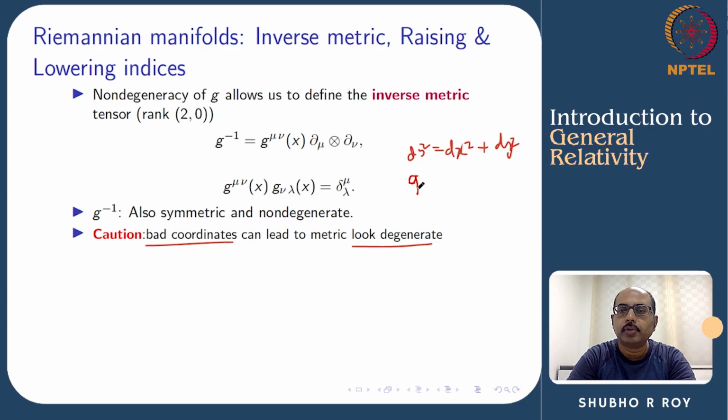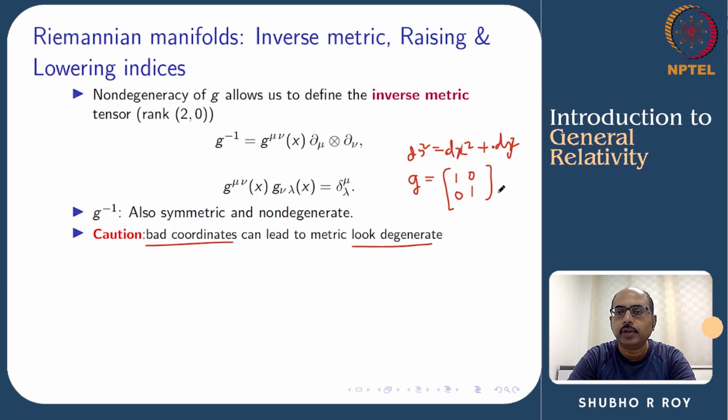So if I write down the metric as a matrix, it is diagonal: 1, 1, and 0 for the off-diagonal entries. So in Cartesian coordinates, the R2 metric is diagonal, from which we can see the eigenvalues of 1 and 1. So of course this is non-degenerate.